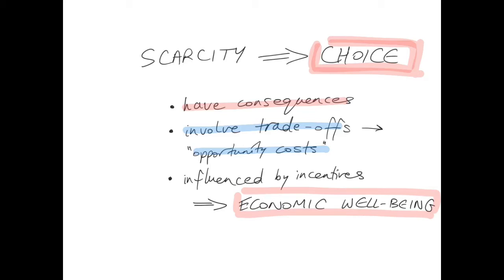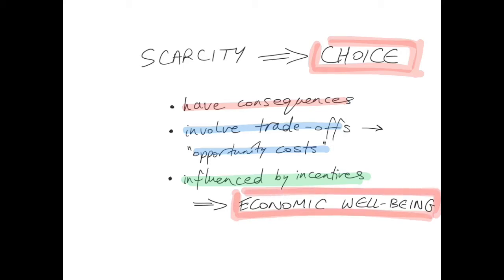And the choices that economic actors make are often influenced by the incentives that they face. The assumption that economists make is that economic actors, when making their choices due to the problem of scarcity, are often driven by their economic well-being.